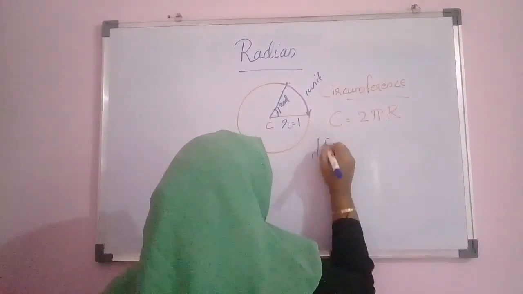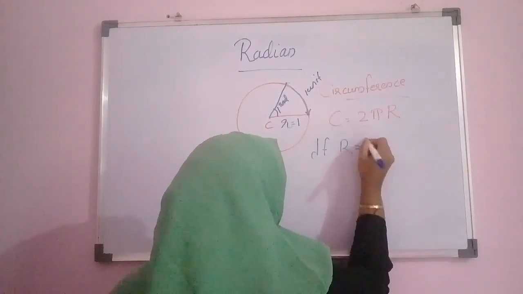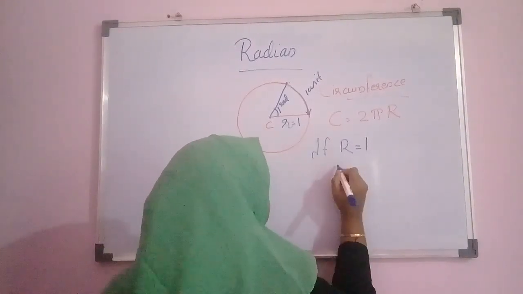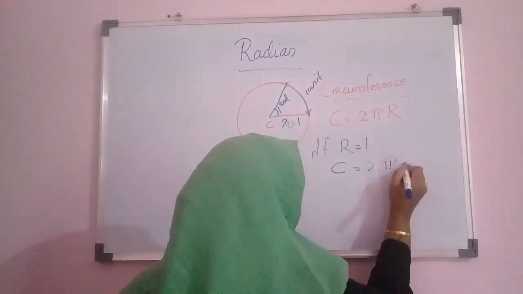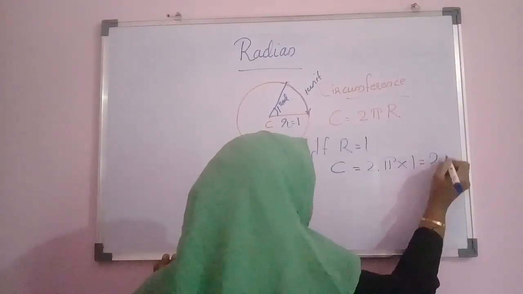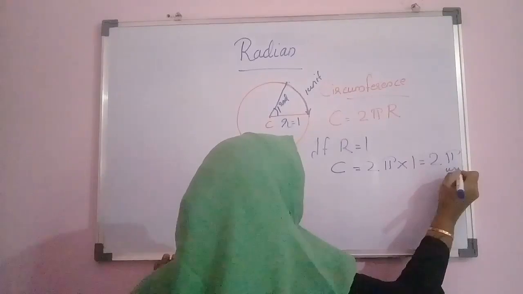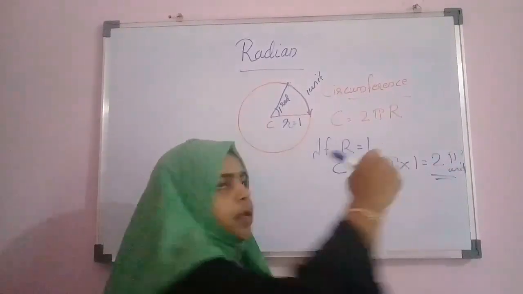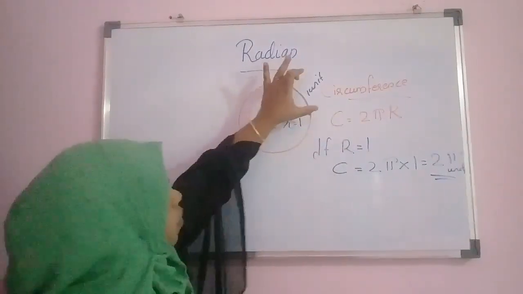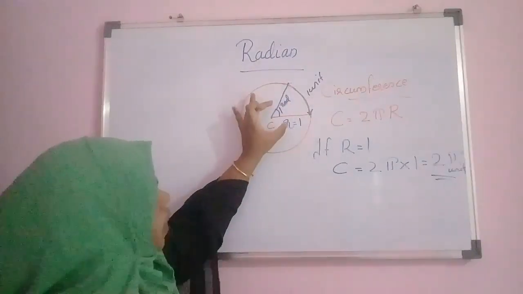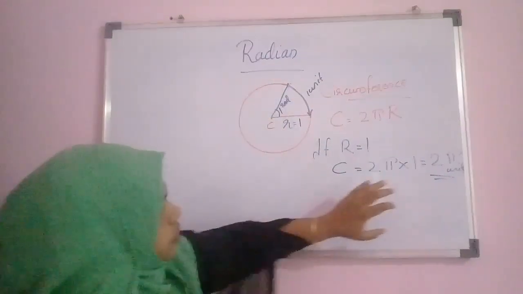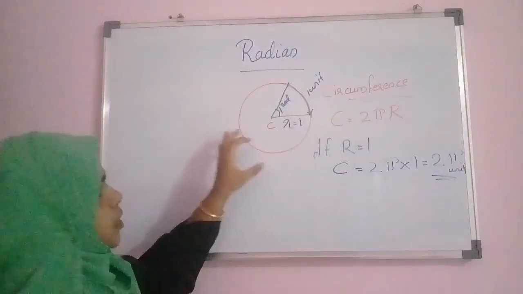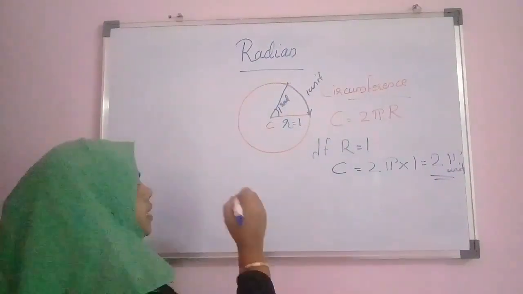If r is equal to 1, that is a unit circle, then what will the circumference be? It will be 2 pi into 1, that is 2 pi units, isn't it? An arc length of 1 unit makes 1 radian at the center. Then an arc length of 2 pi units will make 2 pi radian at the center.